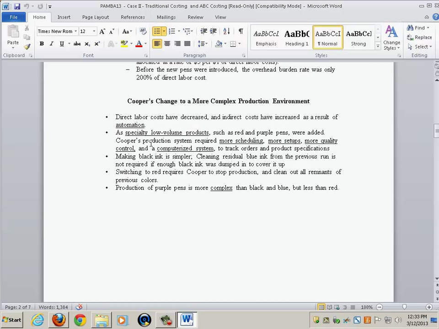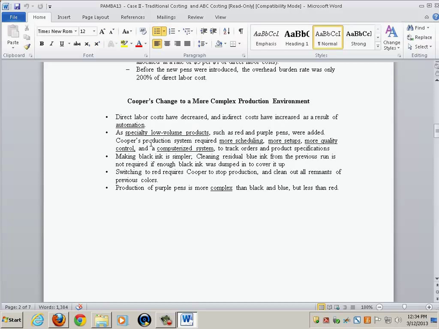So if there are residuals of blue, you just do superficial cleaning, then you just pour the black and it overwhelms the residuals of the blue. But if your previous batch was black and you want to move to red and purple, you have to do a much more thorough cleaning. So your setup costs and your setup hours are different.